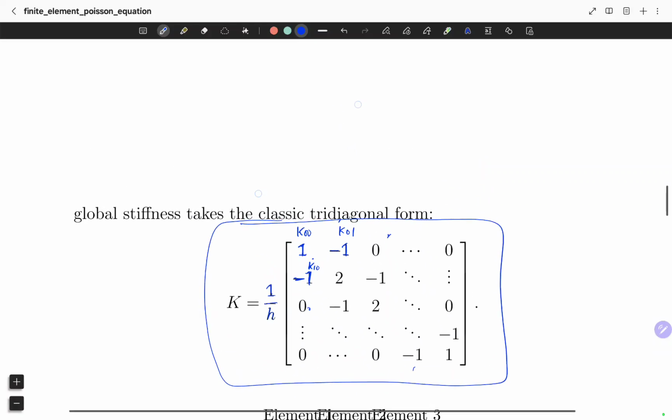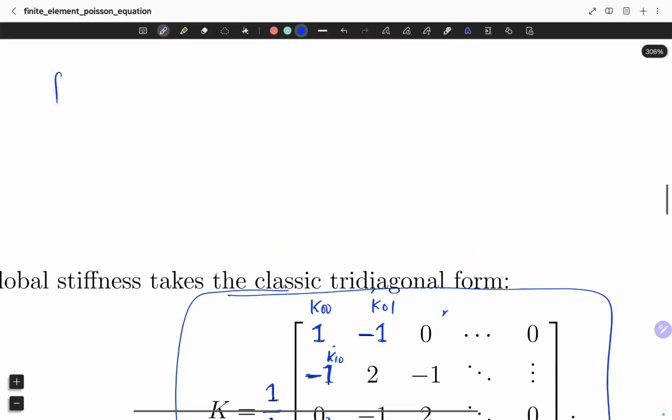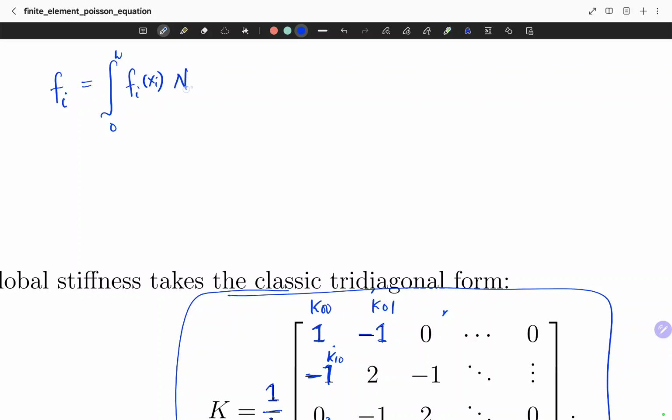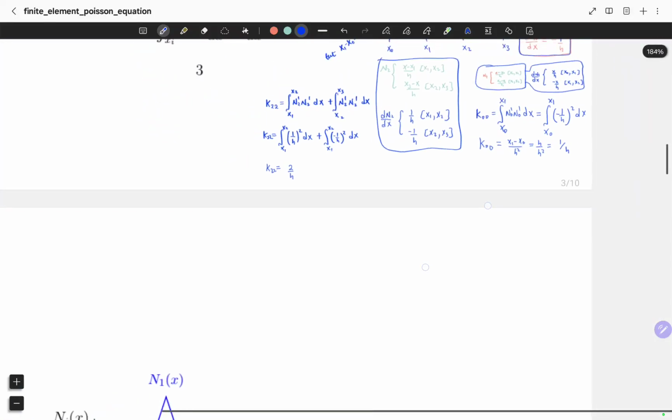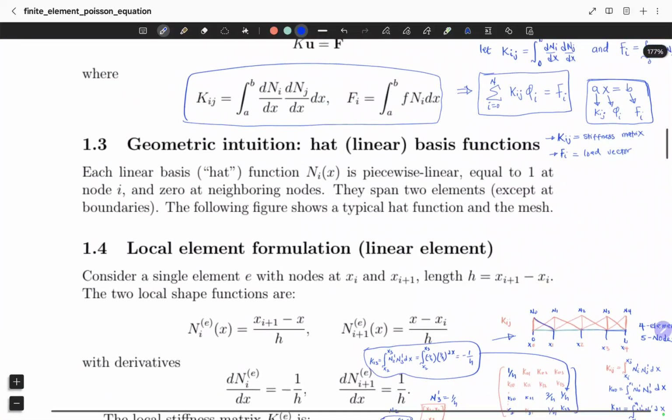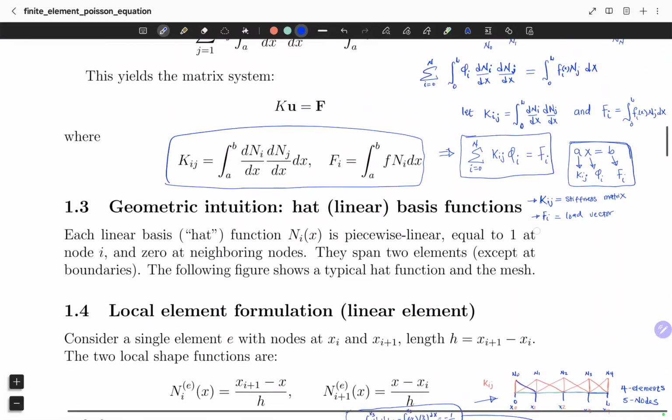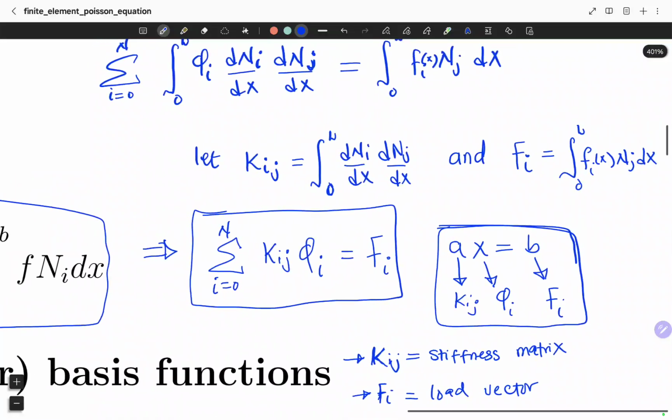For the f, now let's do f. So f i is integral from 0 to L of f of x, or f of xi I would say, times n, is it nj we're using or ni? Let's make sure. Okay, so it's nj.